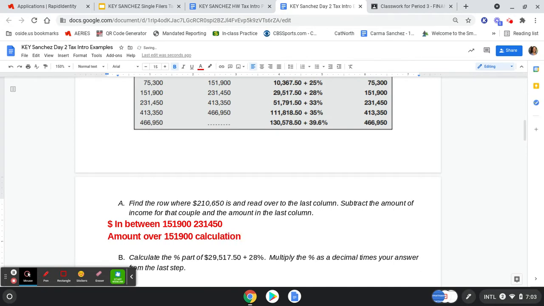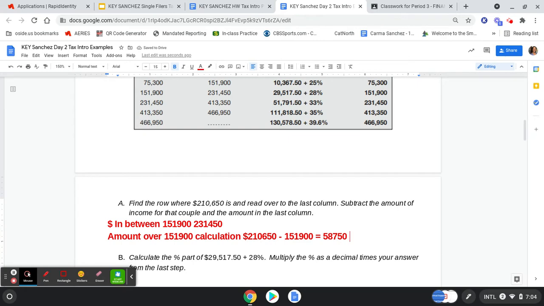In order to calculate this, we're going to take the 210,650 and subtract 151,900. Grab your calculator and do this. And I'm getting 58,750. This is the amount over and above the 151,900.